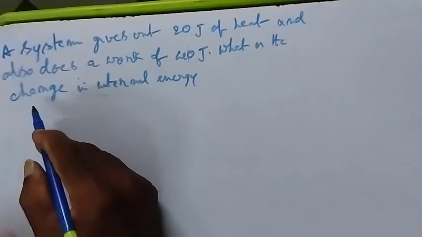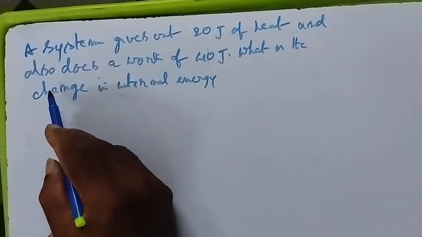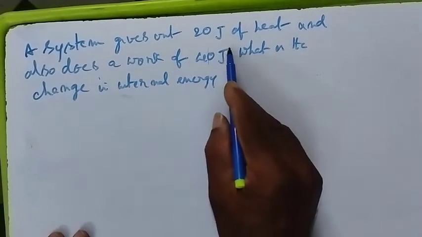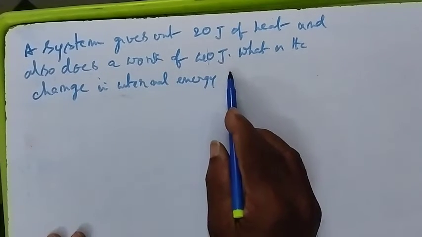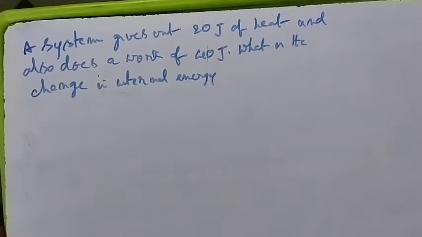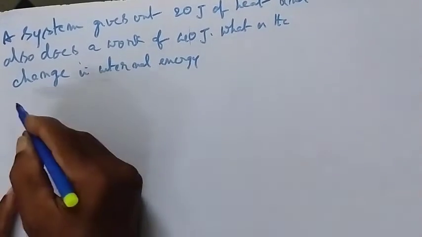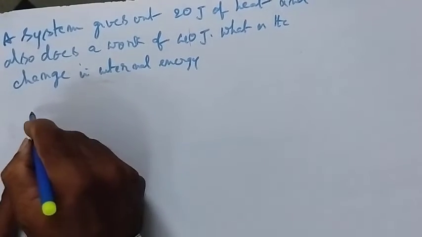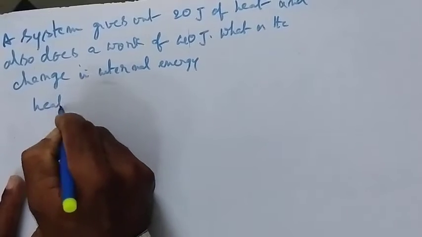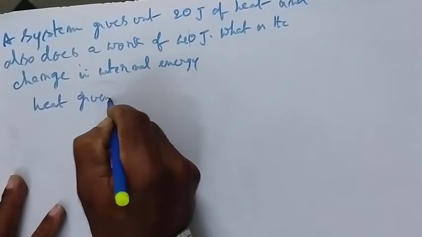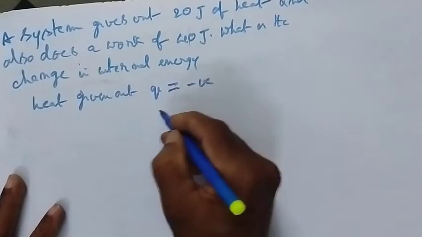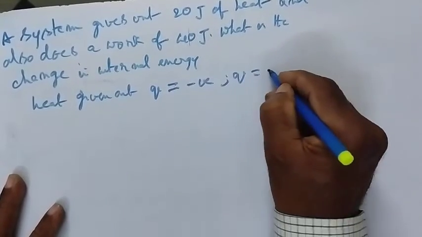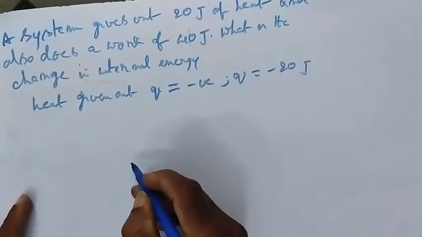Now based on all these discussions, let us do some problems. A system gives out 20 joule of energy and also does a work of 40 joule. What is the change in internal energy? As per the sign convention, heat given out Q is negative, therefore Q equal to minus 20 joules.